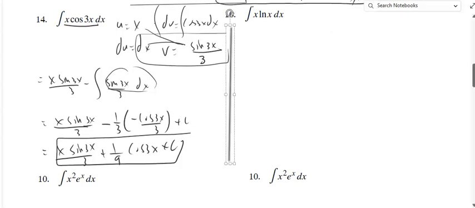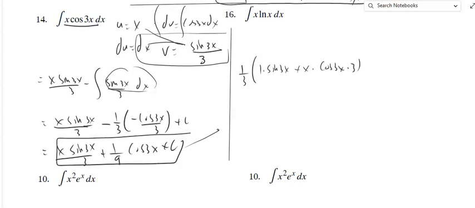I'm going to show you that one more time. If I take a derivative of this, the 1/3 I leave alone, that's the product rule. 1 times the sine of 3x plus x times the derivative of sine, which is the cosine of 3x times 3, plus 1/9. The derivative of cosine is negative the sine of 3x times 3.